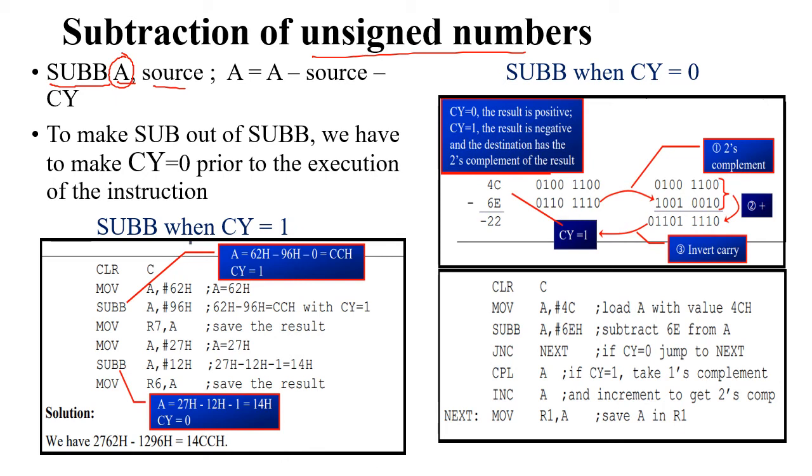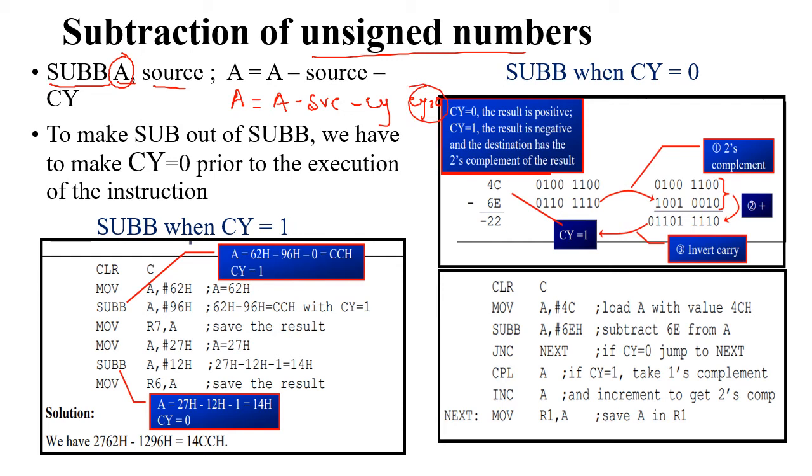Here we don't have two instructions like SUB and SUBB. We always have the instruction SUBB, so the content of the accumulator after subtraction will be A minus source minus carry.